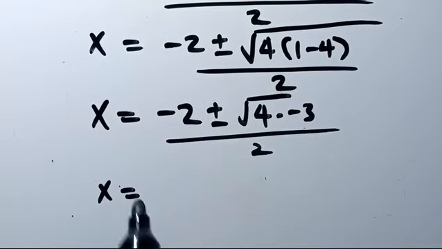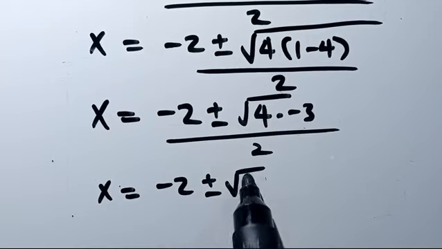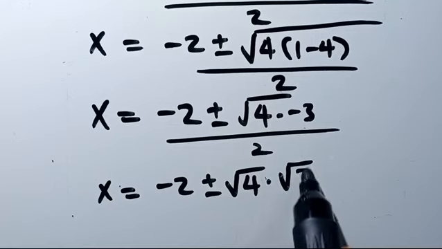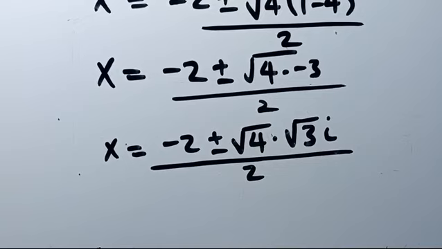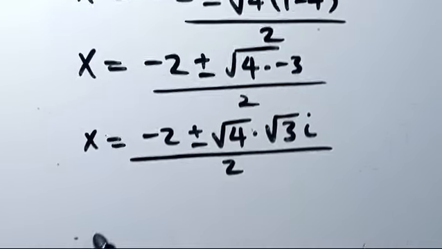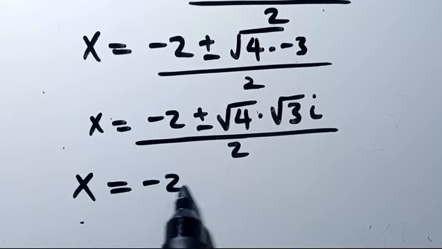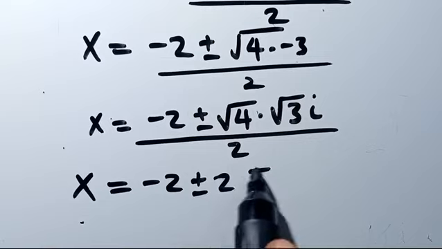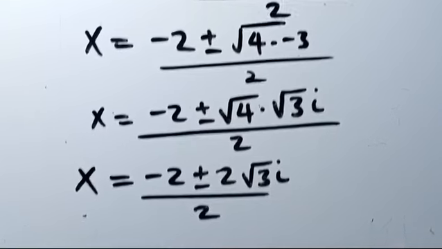We have x equals minus 2 plus or minus 2 multiplied by root 3i, over 4.